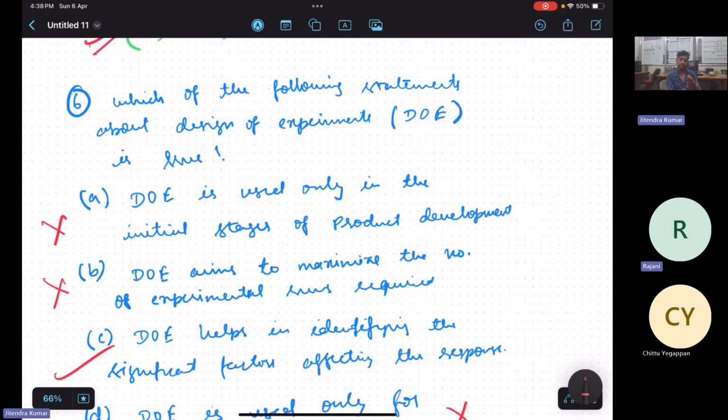Then we will be only with these three DOE factors. I hope you got my point, what I'm trying to say.